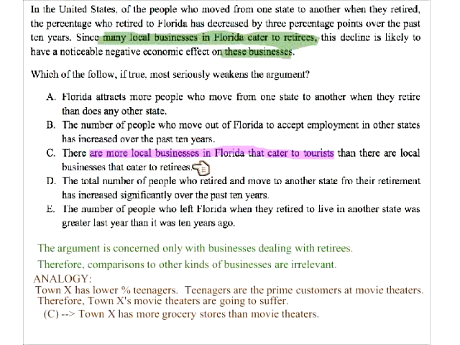Okay, let's see. There's still a whole text box full of stuff. Okay, total number of people moved to another state. I'm not understanding everything that people are typing here, but let's see.